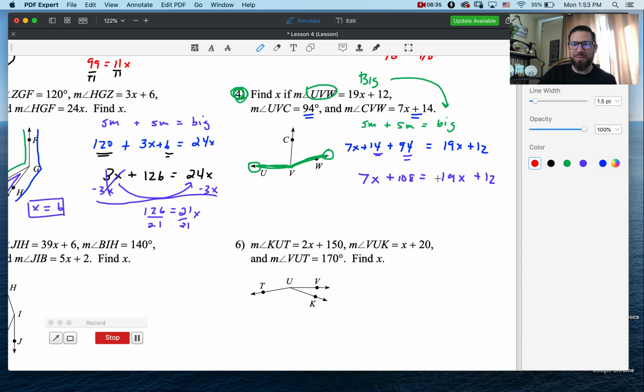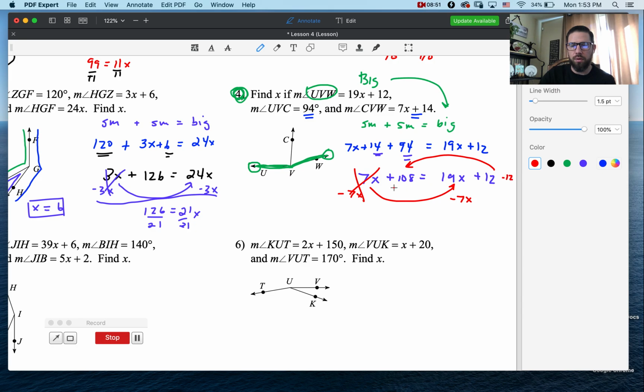Okay, so we have variables on both sides, which means we're going to move the smaller variable. Okay, gone. And then let's just move this 12 over to the other side.